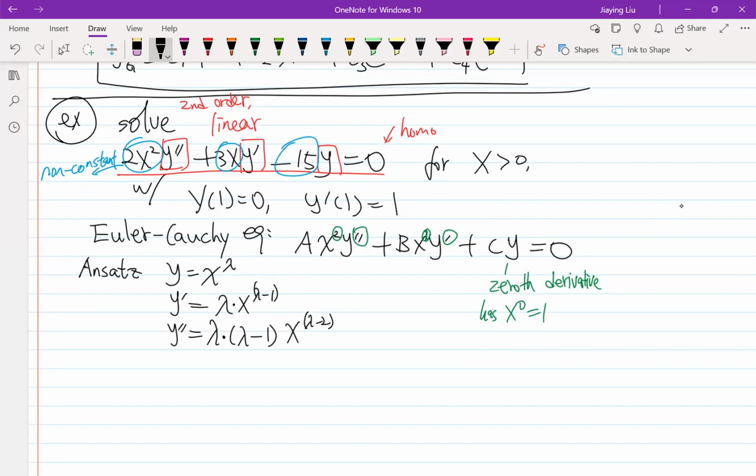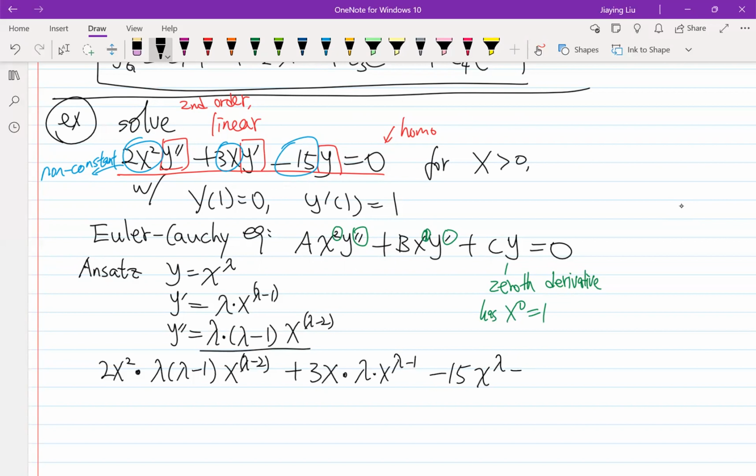Now we're going to take this and put it into the equation. So we get 2x squared times y double prime, which is lambda times lambda minus 1, x to the lambda minus 2, plus 3x times lambda times x to the lambda minus 1, and then minus 15y, which is x to the lambda, equals 0.